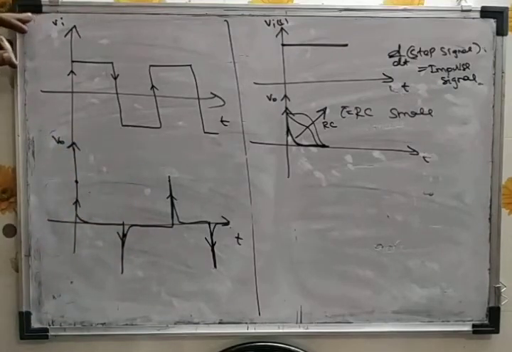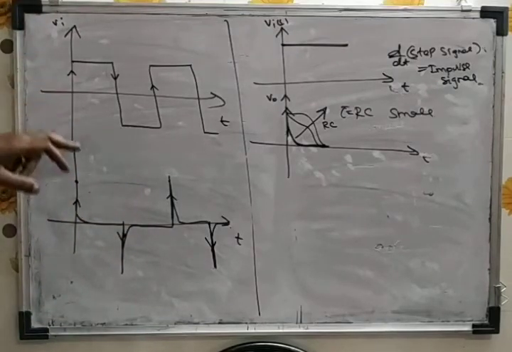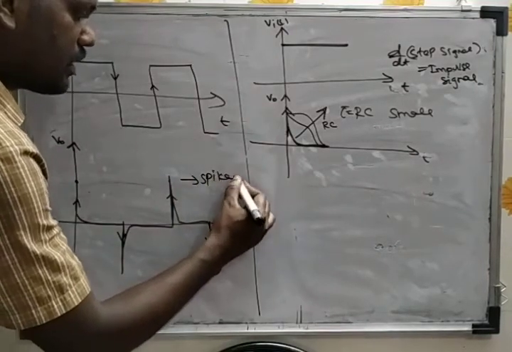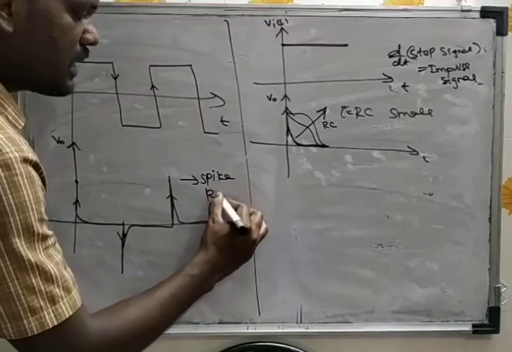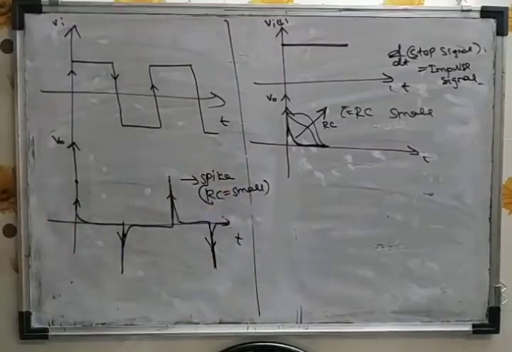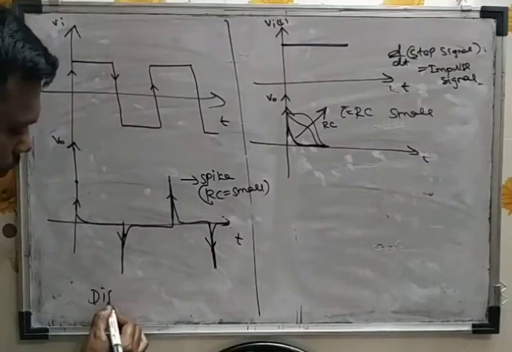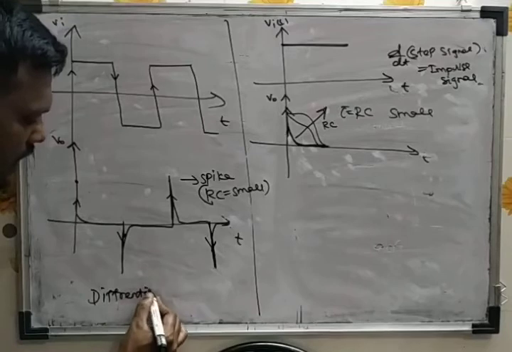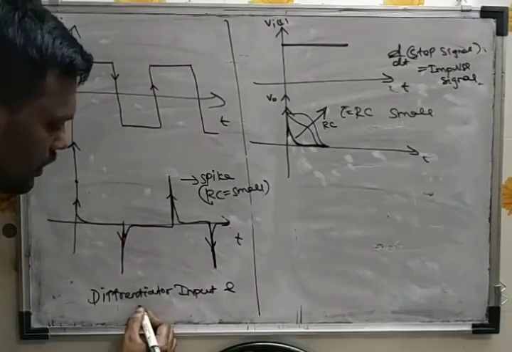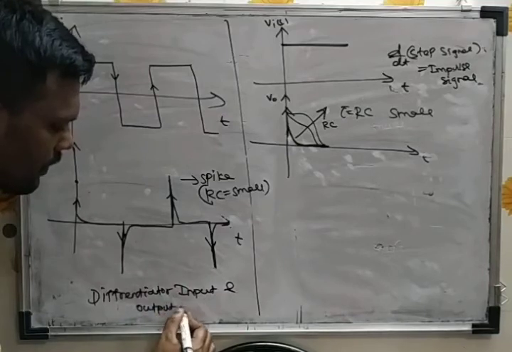So when you differentiate a square wave, you will get a spike signal when RC is very small. Differentiator, input and output waveforms.